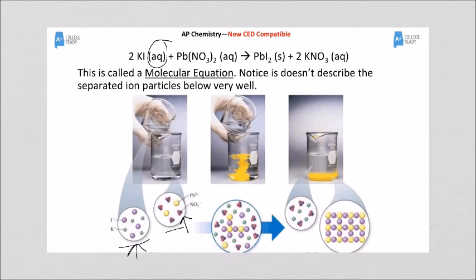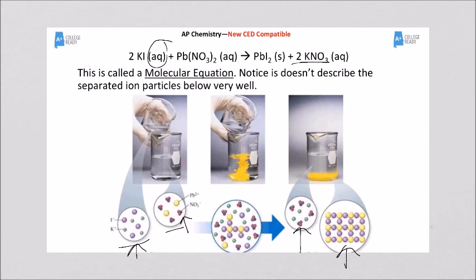So the molecular equation that we've always written, like in the first year class, tells us what's going on, but it's not the best picture of what's actually occurring in the solution, because notice the 2 reactants aren't bonded. If we go over to the product, we can see that this very organized structure must be our solid, PbI2, and this other product, potassium nitrate, is a solution.